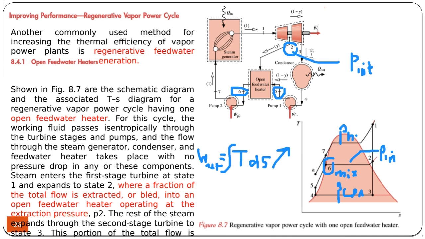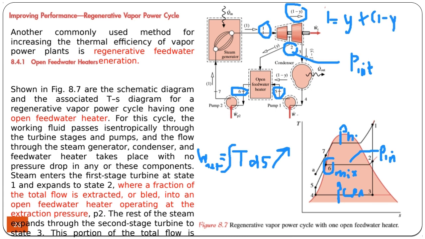For instance, here you have to have a mass balance: 1 is the inlet, 1 should be equal to inlet mass, the two exits, which is y plus 1 minus y. So you can see that you have the mass balance here.